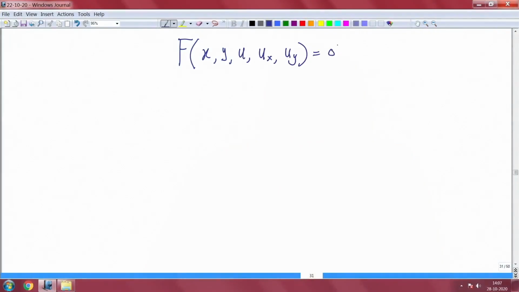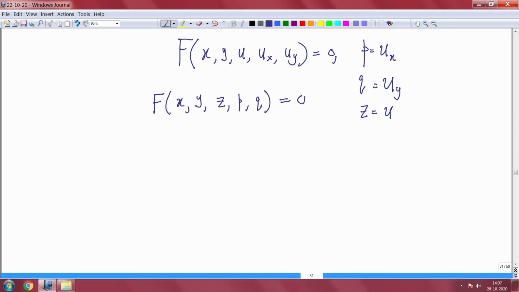So, we introduce some customary notation: p is equal to u x, q is equal to u y, and frequently we also write z equal to u. So, in the algebraic form you can write this equation as f of x, y, z, p, q equal to 0.